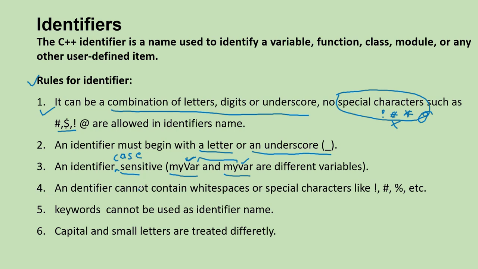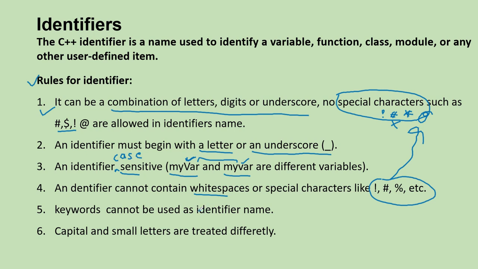Next one, an identifier cannot contain white space. Space is not allowed. And special characters in an identifier are not allowed, as we have already seen. Now, next one is that a keyword cannot be used as an identifier. In the previous topic we have seen keywords. Keywords are reserved words. These words have special meaning and are used for special purposes.